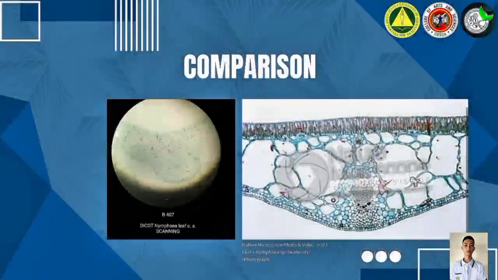Comparing our image with our reference picture, we can see that both are indeed similar, whereas you can clearly see the air sacs, which the plant uses for floating. It is also similar in the lower and upper epidermis. The palisade parenchyma also has the same structure. The difference is that the reference image is more sharply stained than our actual image.